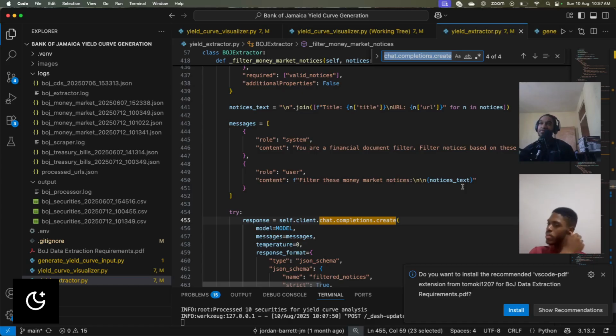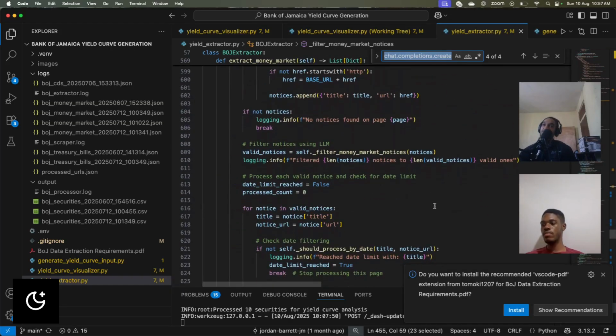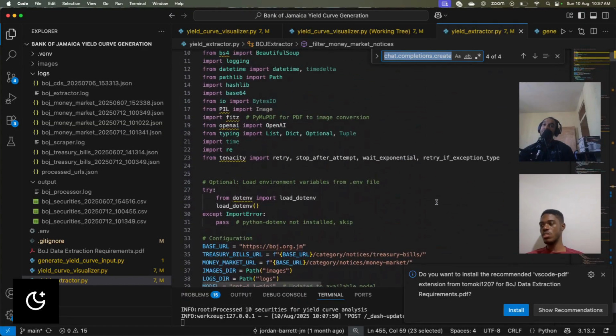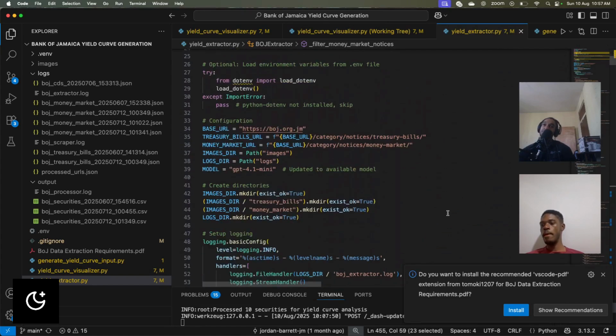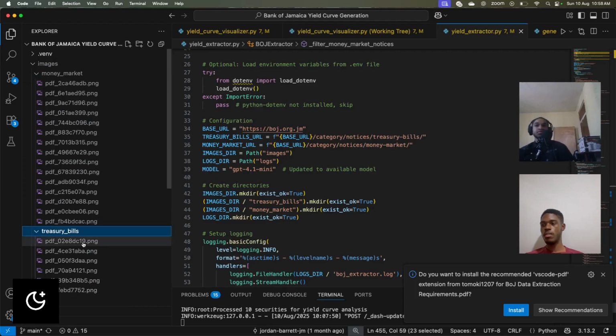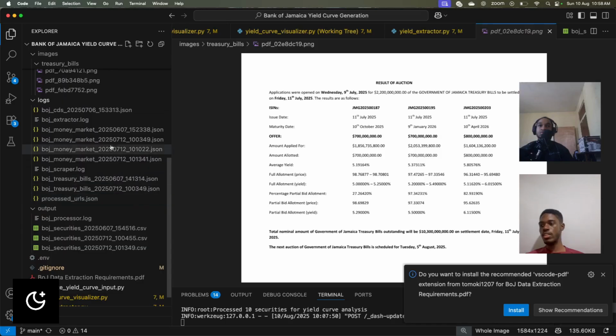So yeah, breaking down your tasks obviously is beneficial. Is there anything else that's here? No, I think that's pretty much it. This is effectively doing what I set out to do in the requirements doc. It goes to the different sources for the treasury bills and the money market securities, which are longer tenure, pulls them out, gets the data, dumps it into their respective folders, and then scrapes the data from it and puts it in a JSON doc.